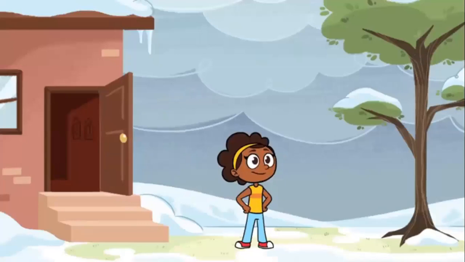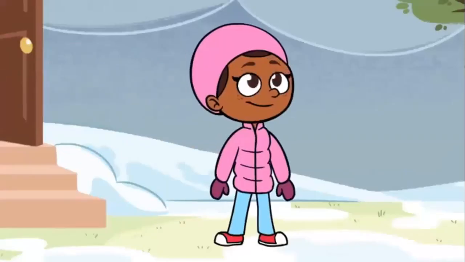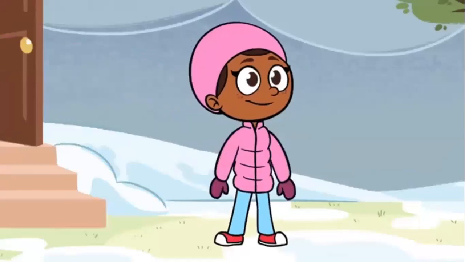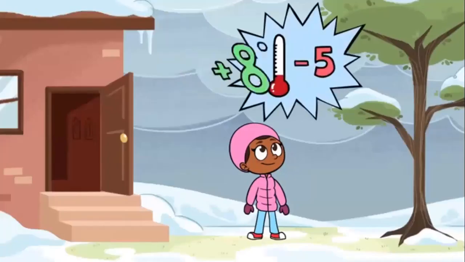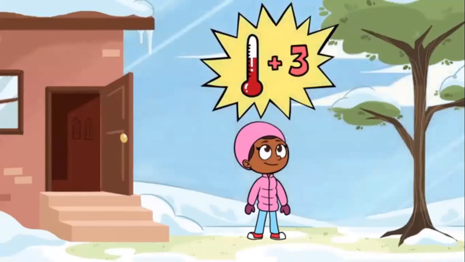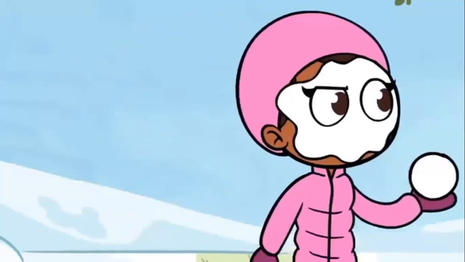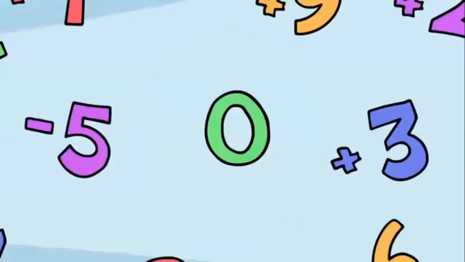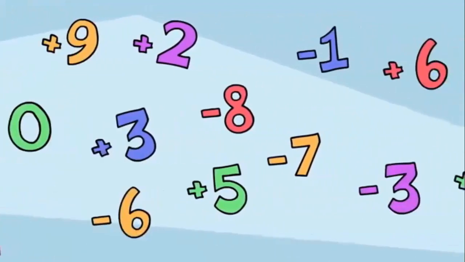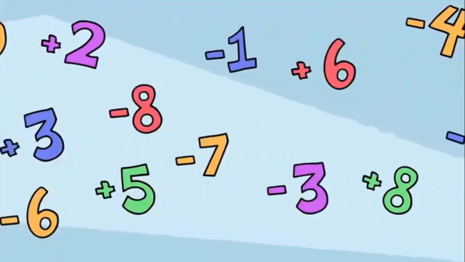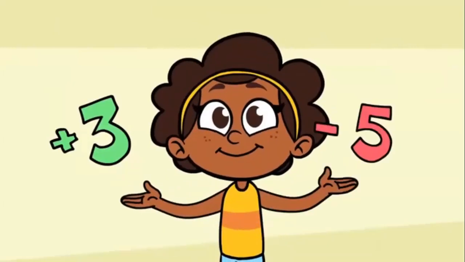It's so cold, it is 5 below. I need a warm coat when it's less than 0. But now the temperature has gone up 8 degrees, so it's positive 3. Still a deep freeze. We will always remember to define an integer. Remember, integers can be positive or negative.